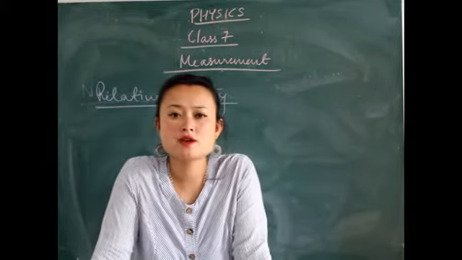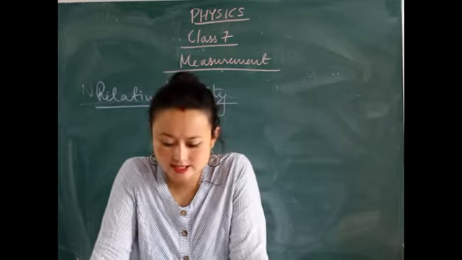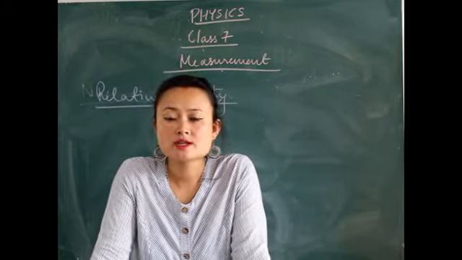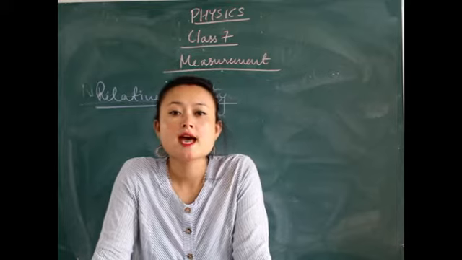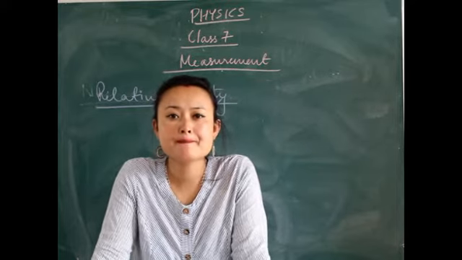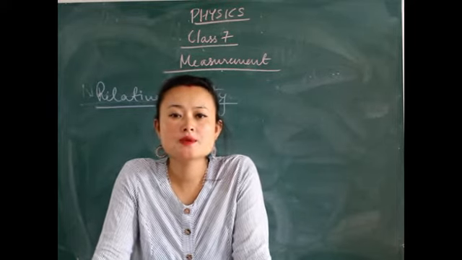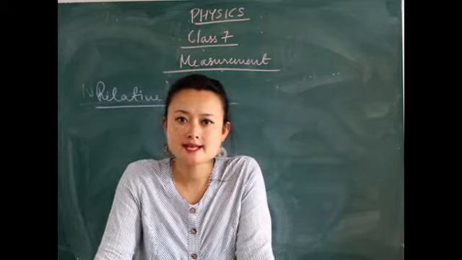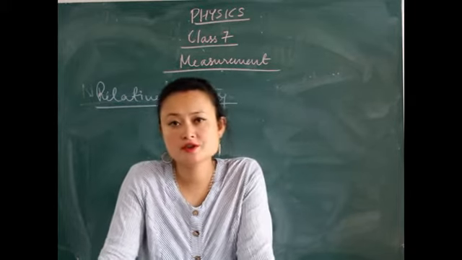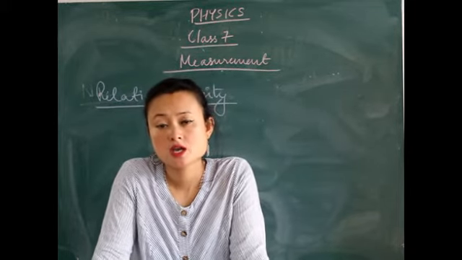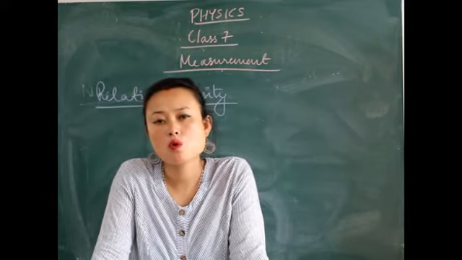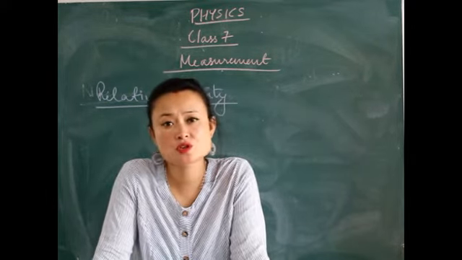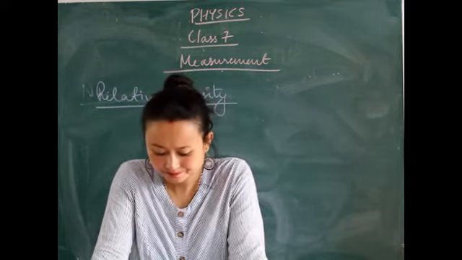Density of water at 4 degrees Celsius is 1 gram per cubic centimeter in CGS units and 1000 kilogram per cubic meter in SI unit. So density of water is fixed at 4 degrees Celsius.